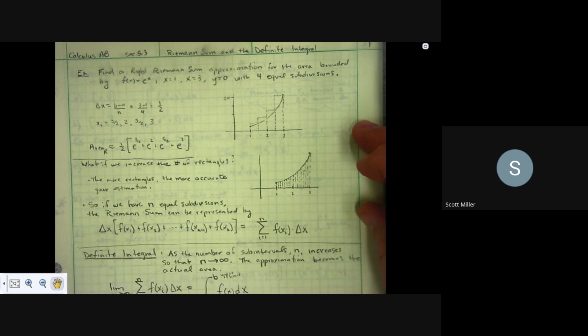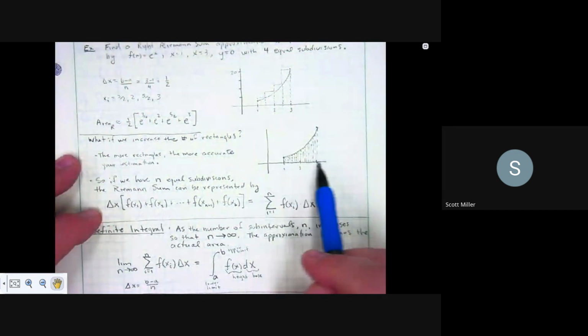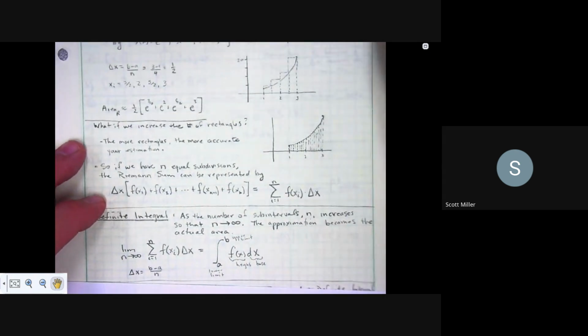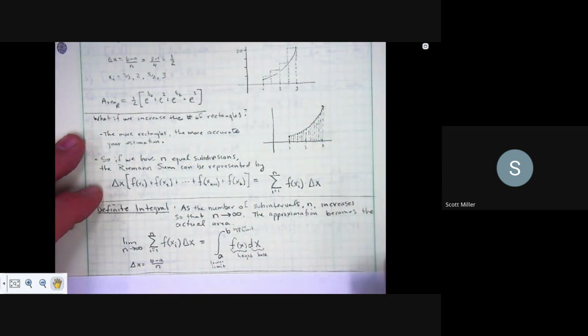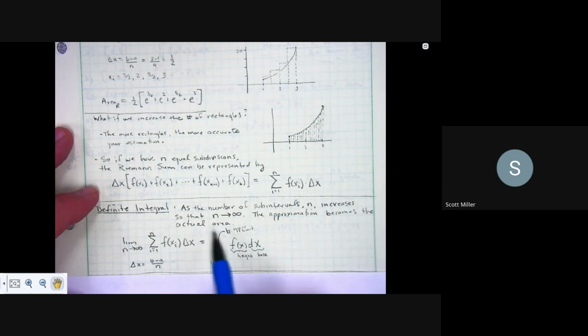Now, what if I take it to the point where I have an infinite number of rectangles? To do that, we have to take a limit. And so that is our definition of a definite integral. As the number of subintervals n increases, so that n goes to infinity, the approximation becomes the actual area under the curve.